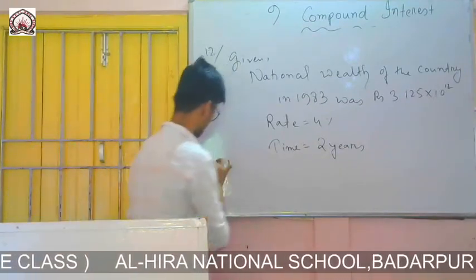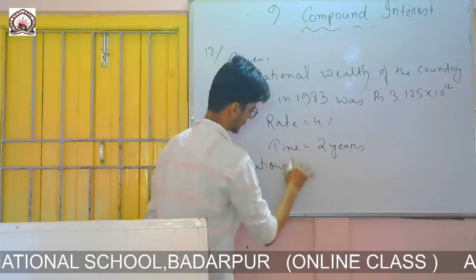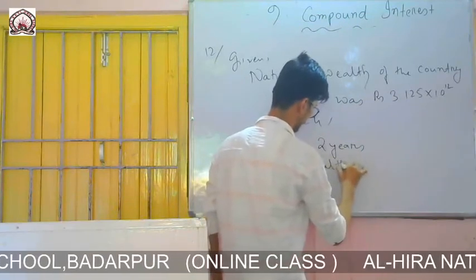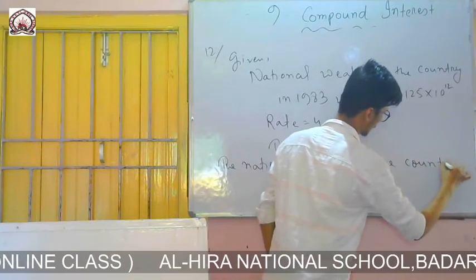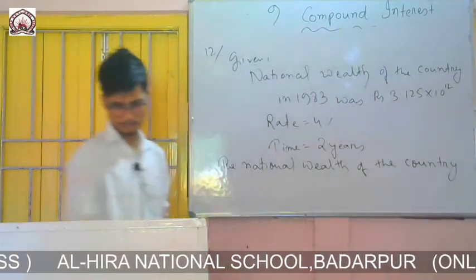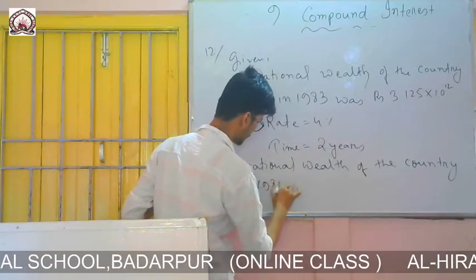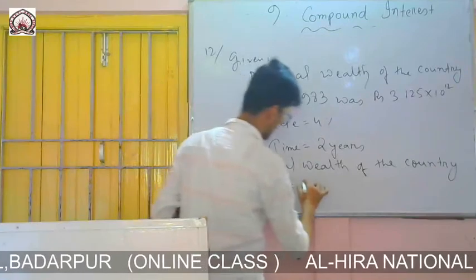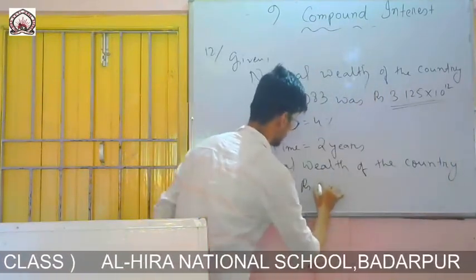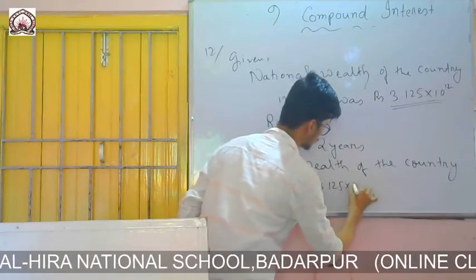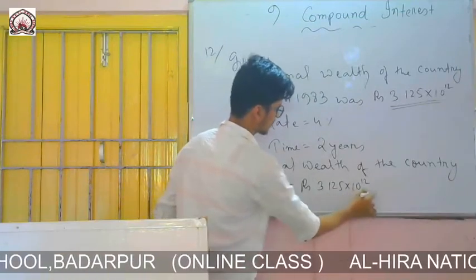Therefore, the national wealth of the country in 1985 equals, directly I am writing rupees, this is the principal here, 3.125 into 10 to the power 12. Don't be afraid or confused by seeing this big number.